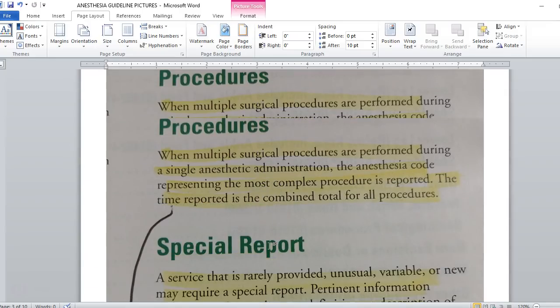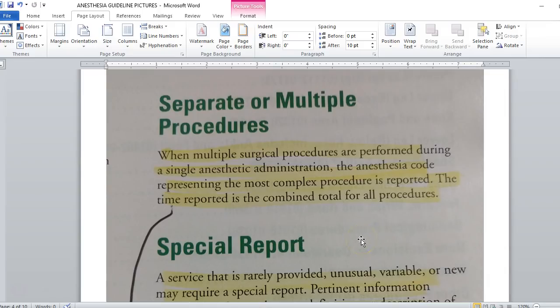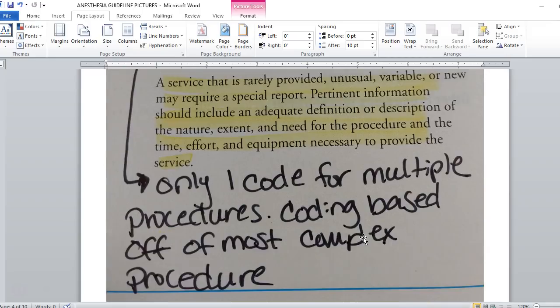As it goes on, separate or multiple procedures. So remember, when multiple surgical procedures are performed during the single anesthetic administration, meaning the patient is not waking up and going back to sleep, the anesthesia code representing the most complex procedure is reported. The time reported is the combined total for all procedures. So you can see I have a little note I put down here.